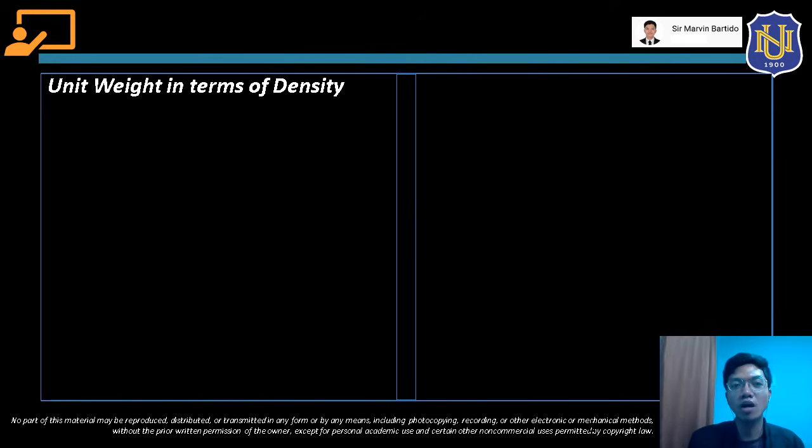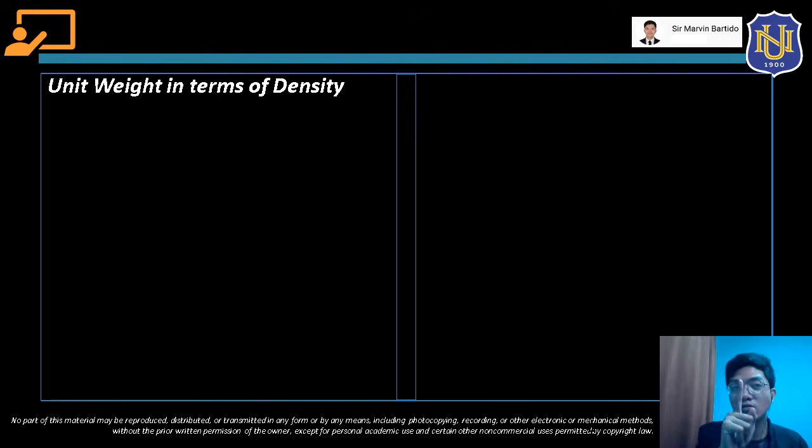Okay, so let's now talk about the unit weight in terms of density. We mentioned earlier, class, that the formula of density is mass over volume. Meanwhile, unit weight, class, is weight over volume. Right, class, the mass, we can convert it into weight.